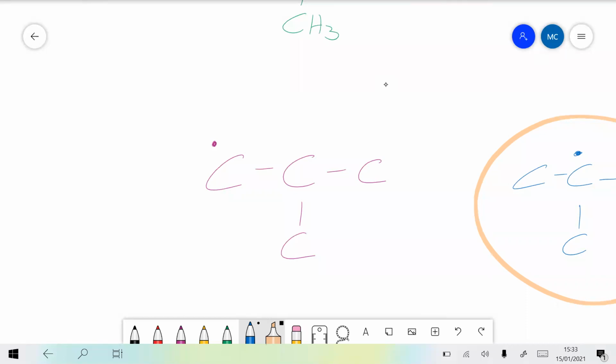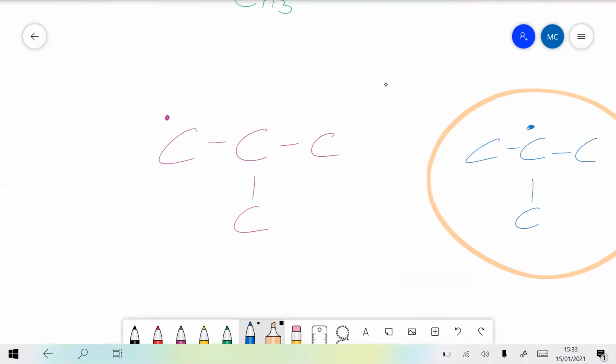So now what we end up getting is a hydride shift. So on the middle carbon, there's a hydrogen. Without the need of anyone telling it, the structure knows that its best conformation, its most stability, is going to be achieved when it has a tertiary radical.